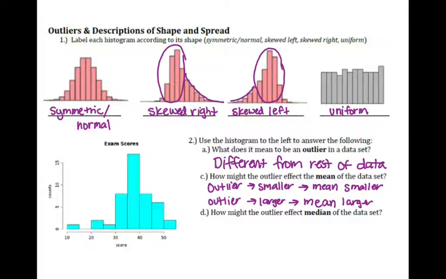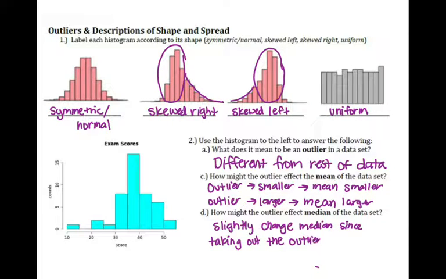So I'm just going to write slightly change, since taking out the outlier could shift the median.